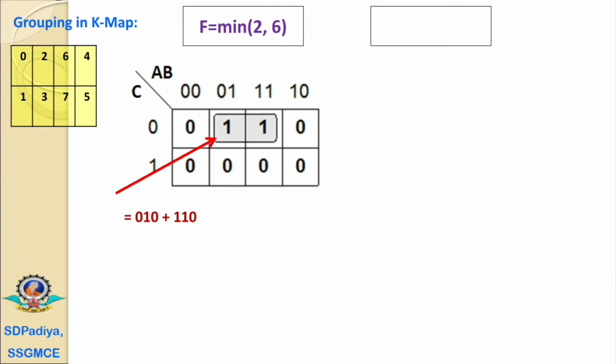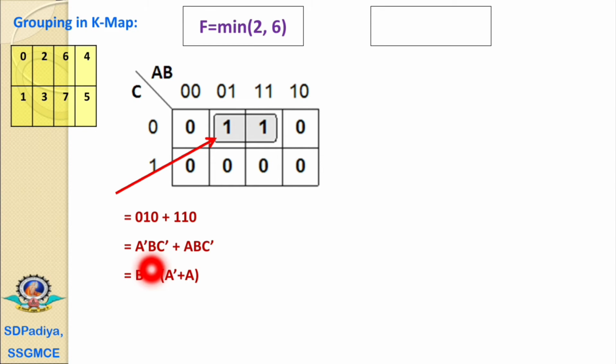In this, we can consider that 0 means the complement of a variable and 1 means the variable. Therefore, these two expressions will be A' B C' plus A B C'. In these two, if we look, the B and C' are the same. Therefore, we can take this B and C' outside the bracket.